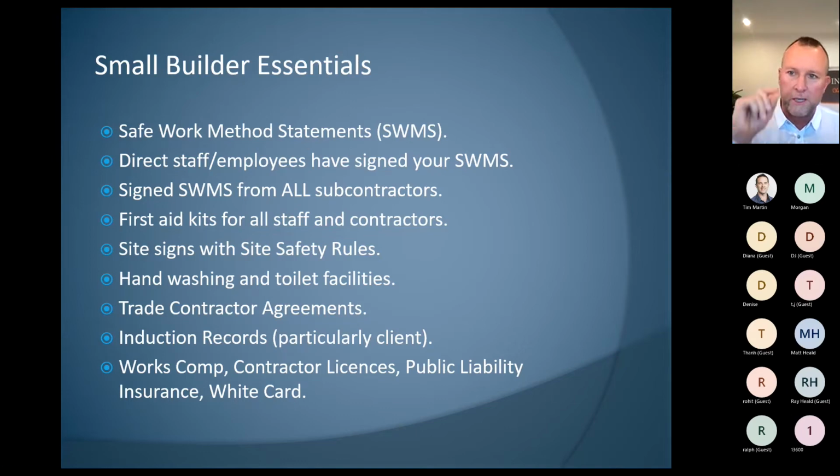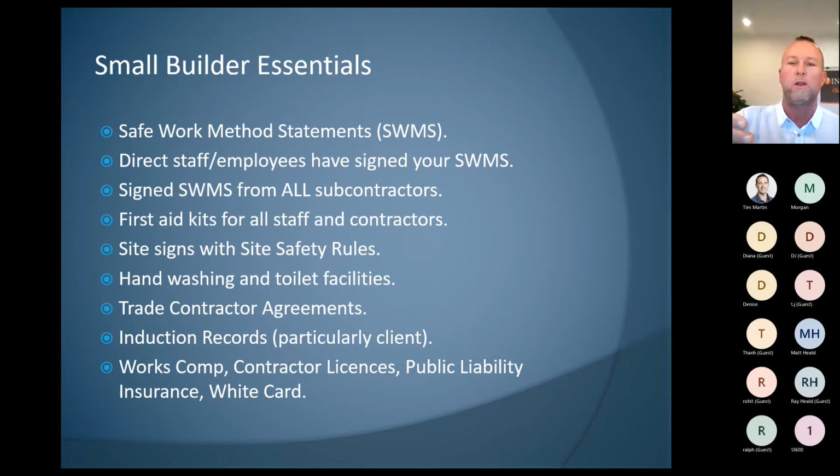Now, safe work method statements. Your trade agreement says to your subcontractors they have to supply a safe work method statement. So please don't fall into the trap of giving your contractors safe work method statements. You need to ask the contractor for a copy of their safe work method statement and ensure that they've signed it.